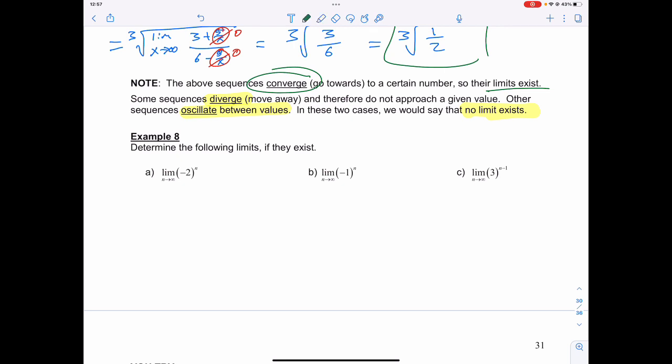So if I take a look at the first example, the limit as n approaches infinity of -2 to the power of n. The first term would be -2 to the power of 1, which is -2. The second term would be -2 to the power of 2, which is 4. Third term would be -2 to the power of 3, which would be -8.